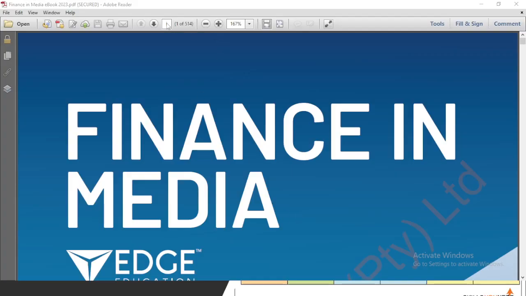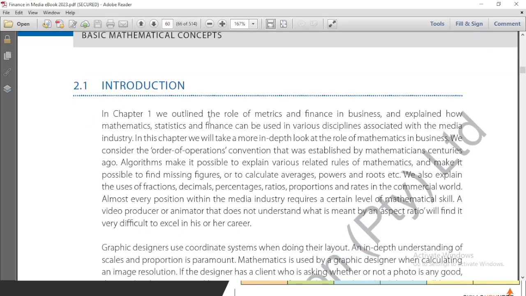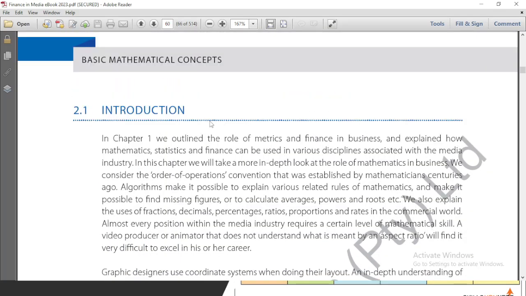Finance in media, page 60. Introduction to chapter 2: it says that in chapter 1 we outlined the role of mathematics and finance in business and explained how mathematics, statistics and finance can be used in various disciplines associated with the media industry. In this chapter we'll be taking a more in-depth look at the role of mathematics in business.